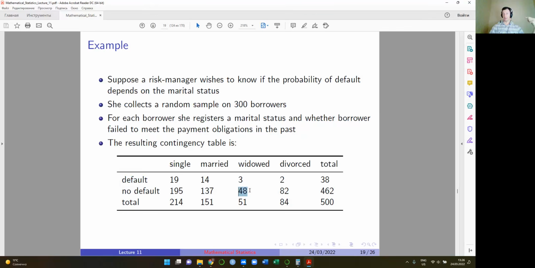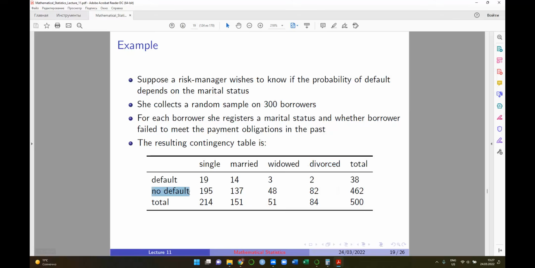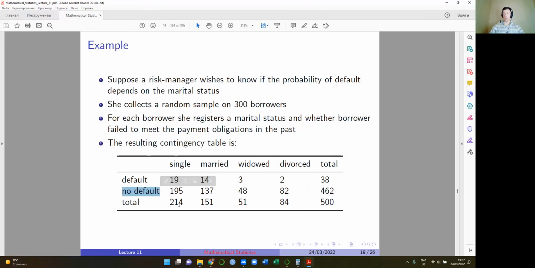There are 48 borrowers who are widowed and they did not have default. There are 2 divorced borrowers with default, and so on. So every number in this table shows us how many objects, in our case borrowers, had the two characteristics.